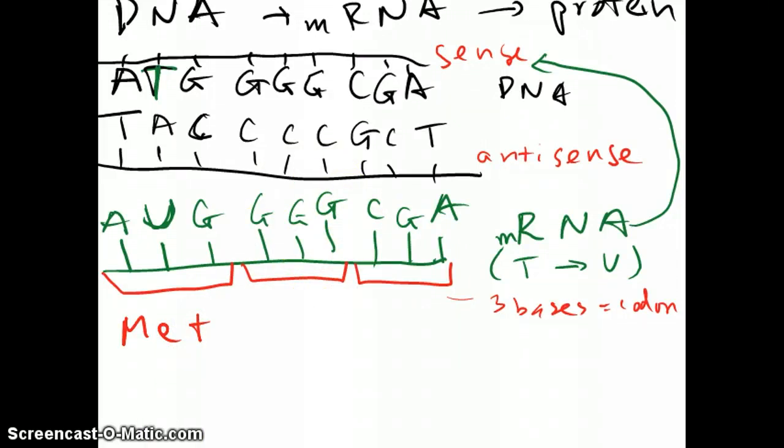GGG is going to be glycine, and CGA is going to be an arginine.